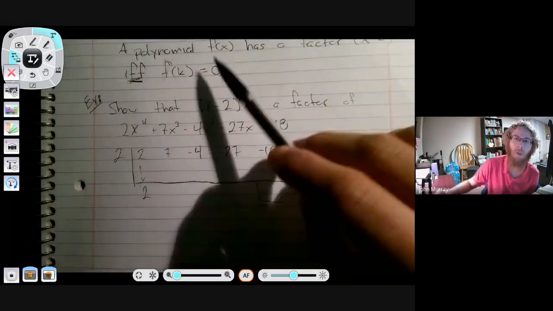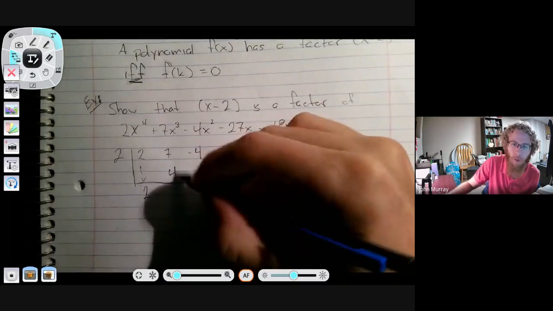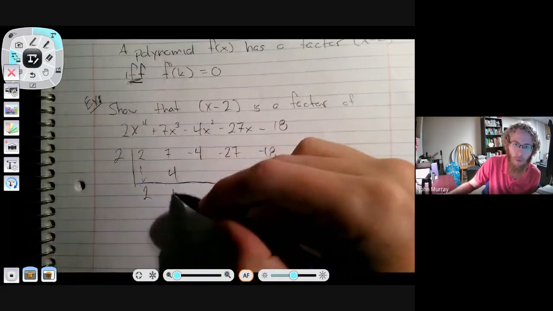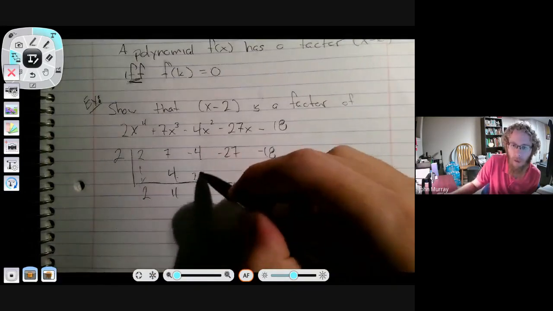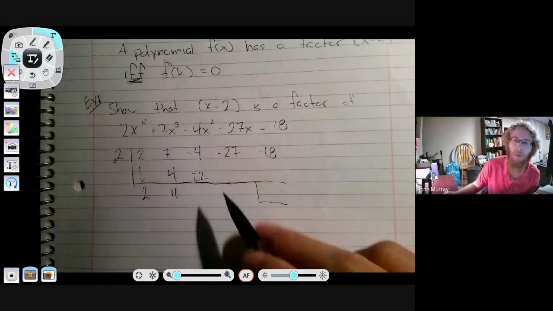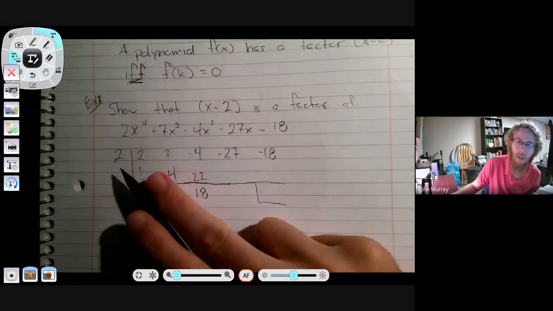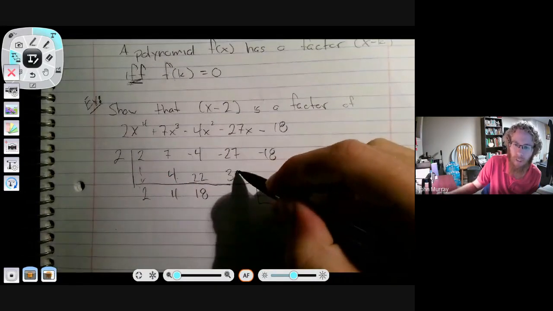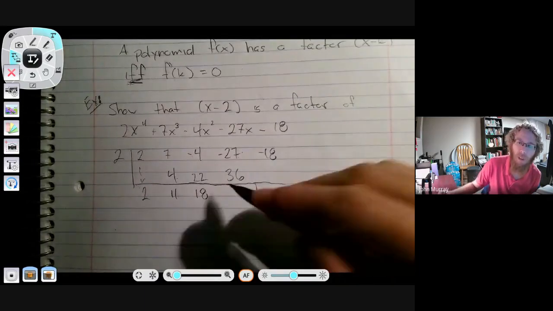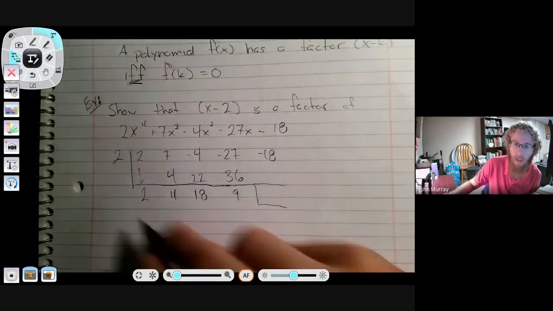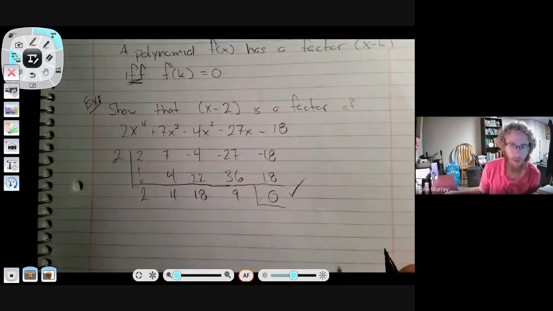In this particular case, I want to make sure that that's equal to 0. 2 times 2 is 4. 4 plus 7 is 11. 2 times 11 is 22. 22 plus negative 4 is 18. 2 times 18 is 36. 36 plus negative 27 is 9. 2 times 9 is 18. And we get a 0.